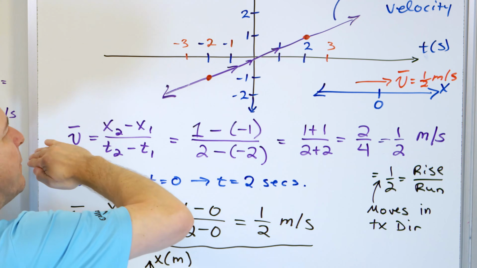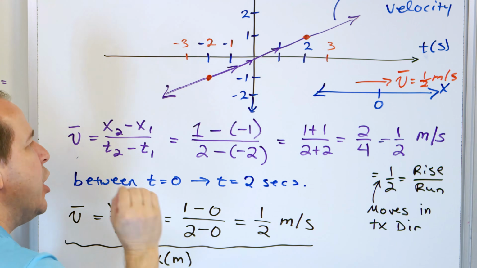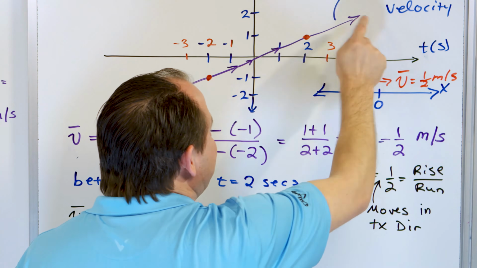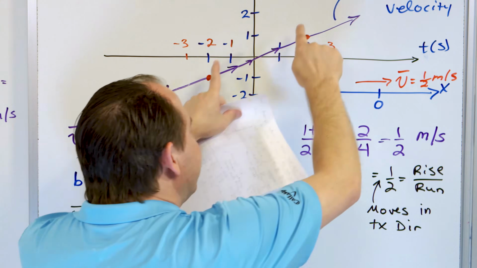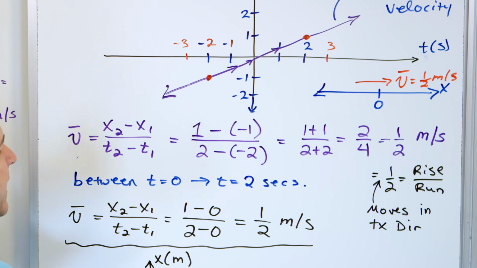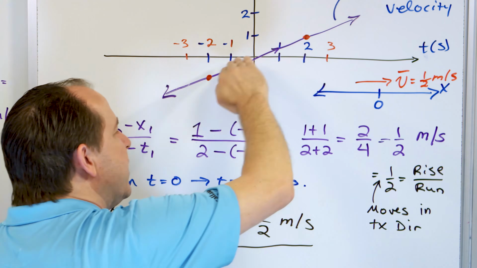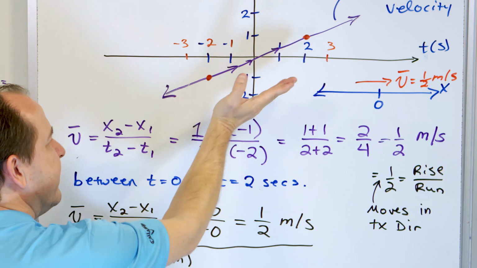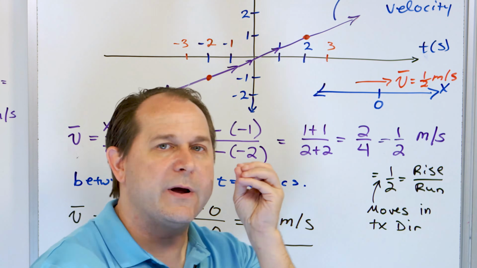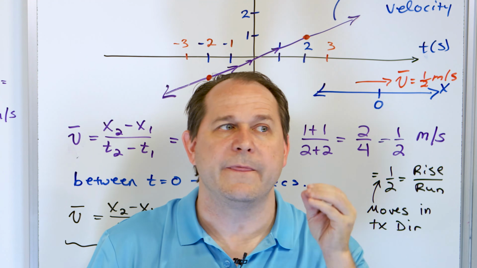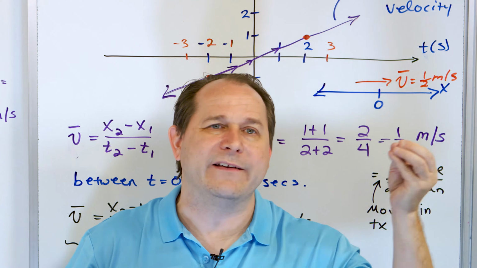So anytime we have a position graph that is a straight line, we know it's a constant velocity that never changes. And no matter what 2 points we pick, we always get the same velocity. And the slope is a positive number, a small positive number, because it's not very steep, because the slope of the position curve is equal to the velocity, because slope is rise over run.